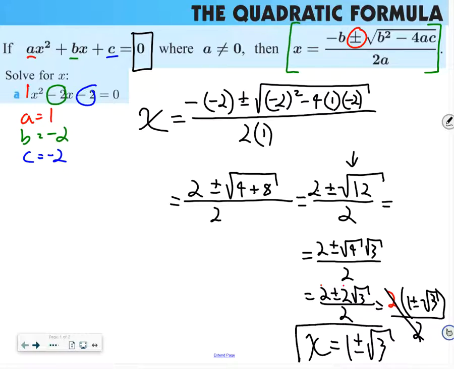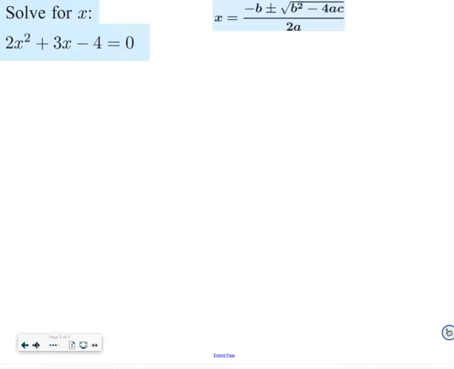Okay, so there's one example of using the quadratic formula. Let's just look at one more. So here, again, I identify my a is equal to 2, my b is equal to 3, and my c is equal to negative 4. And I'm just going to double check, right? It's all set equal to 0, so these are appropriate.